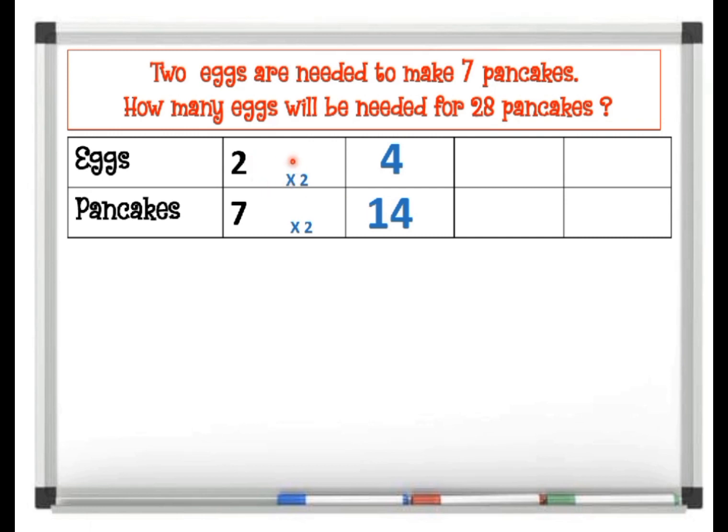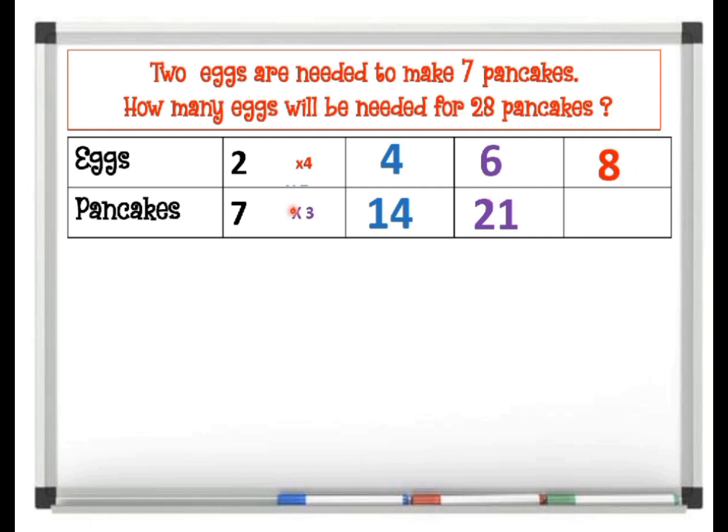How about kung triplehin naman natin ang 2 na ito? 2 times 3, the answer is 6. Kung 6 na egg, ilang pancake naman ang magagawa niya? So, iti-triple din natin ang 7. So, 7 times 3, the answer will be 21. Now, apatin naman natin ang 2 na ito or i-multiply sa 4. 2 times 4, magiging 8.